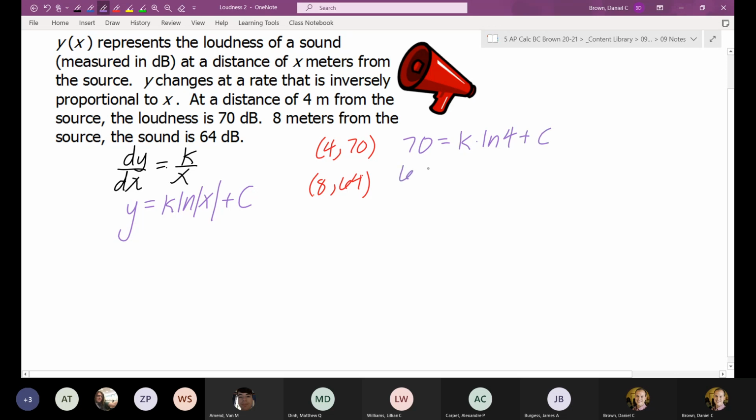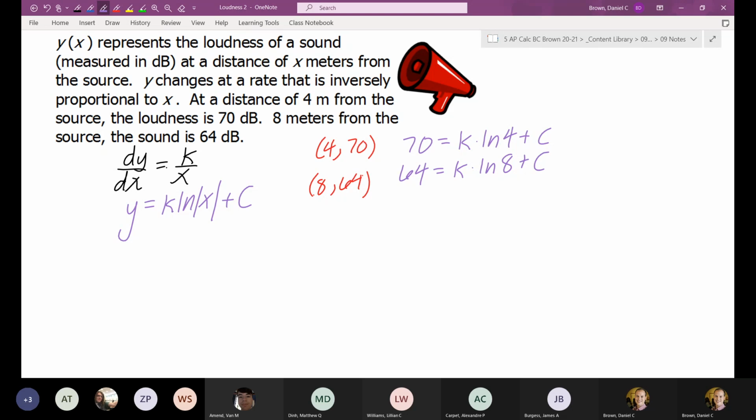This bottom one I have 64 is equal to k natural log of 8 plus c. What's going to make that hard to solve for either k or c? Can you tell me immediately what k or c is? No, nothing cancels. It's not like 0 where something will cancel, or for a natural log, nothing like 1. Nothing's canceling. So what makes this harder is we have two equations and two variables.